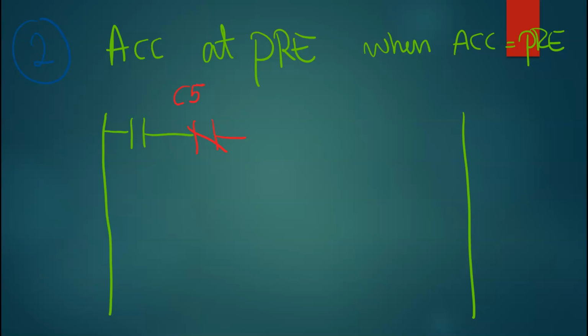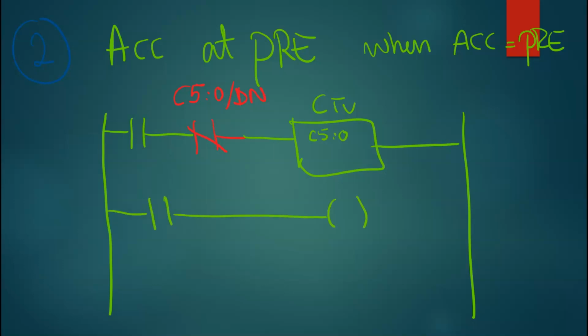So C5:0 / done bit here. And then I can have my counter. Let's assume that this is a CTU counter with the address of C5:0. And I'm using the done bit to turn on an output field device. So here I have C5:0 done bit.